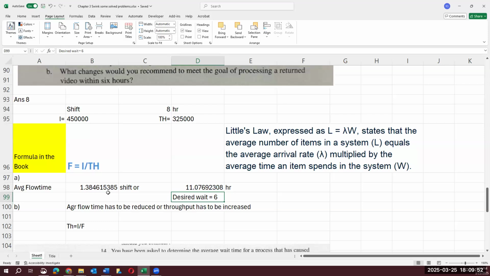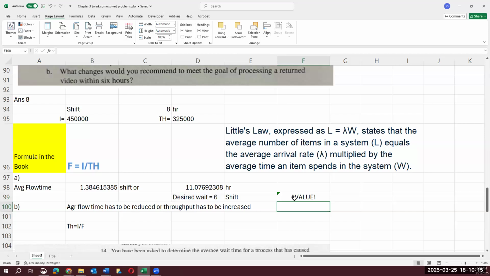That's 6/8 of a shift, less than one shift. So the desired time in terms of shifts is going to be 6 divided by 8.